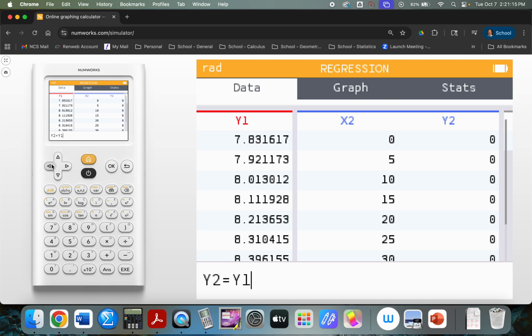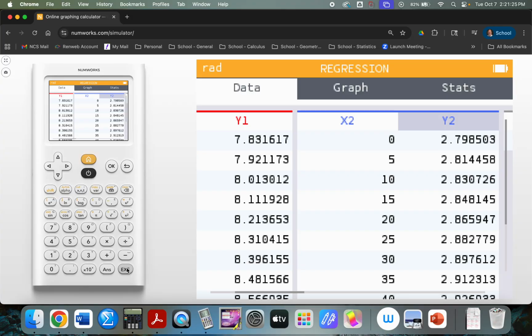What I want is the square root of Y1. So let's go back and do the square root of Y1. That is a good key. And it'll automatically fill those. And again, my numbers are different than what you should have. So I'm going to do that on my calculator. Pretty cool.